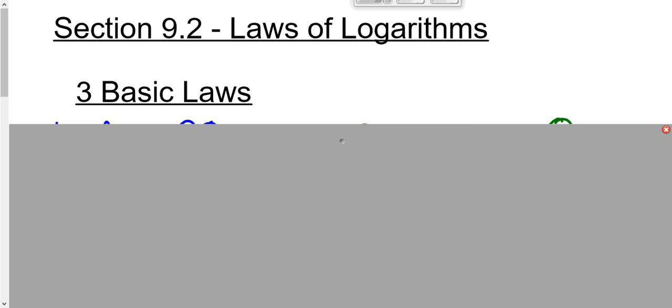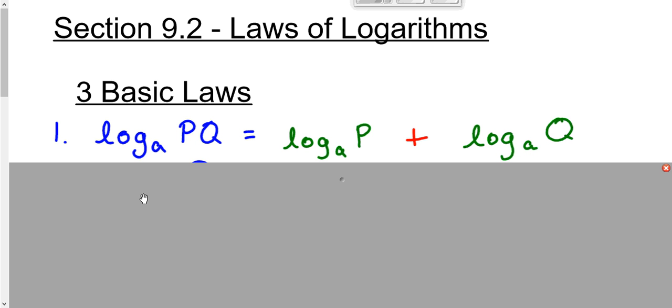Our first law is that if we have a logarithm of any base, of p times q, so they're multiplied inside of one logarithm, then we can write that as the logarithm with that base of p plus a separate logarithm, base a of q.